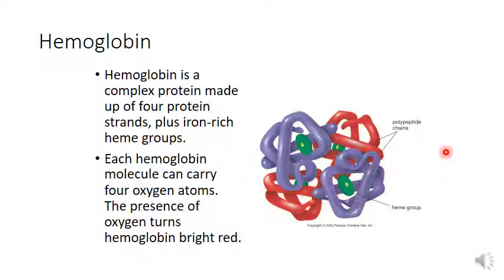And each hemoglobin molecule can carry up to 4 oxygen molecules. And the presence of oxygen in the hemoglobin makes the hemoglobin bright red, and thereby giving oxygenated blood its characteristic red color.